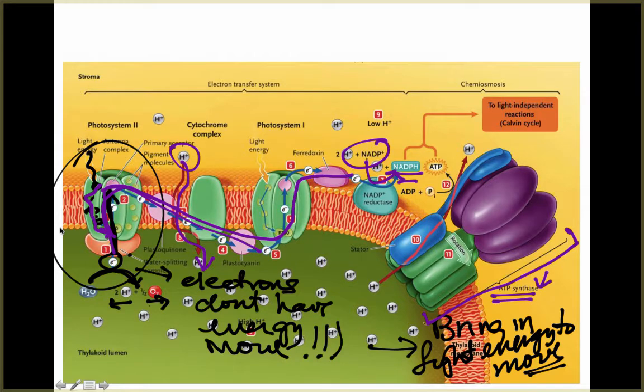So that's what the whole process here is doing. And then of course, if you look at enzymes, they tell you what they do. NADP plus reductase is reducing NADP plus. And if you remember, LEO says GER, loss of electrons, oxidation, gain of electrons is reduction. So they're basically adding electrons onto NADP plus and gaining electrons. So that's how you know it's a reduction reaction.